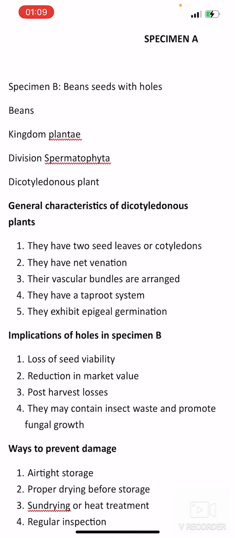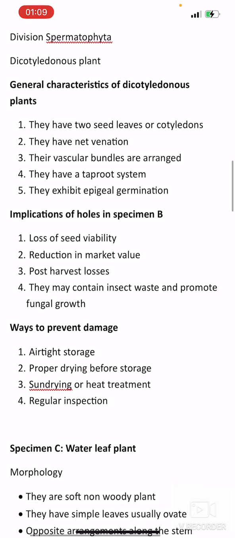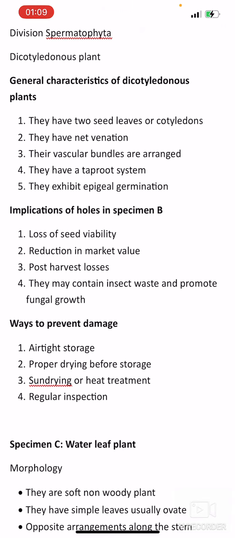They have 2 seed leaves or cotyledons, they have net venation, their vascular bundles are arranged in a ring, they have a taproot system, and they exhibit epigeal germination. Those are just the general characteristics of dicotyledonous plants.